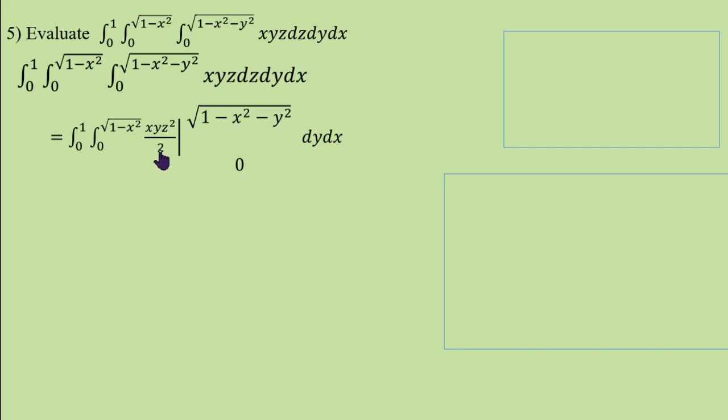Therefore, xy by 2 is a constant that you take outside. Upper limit of z is root 1 minus x square minus y square, and hence z square is 1 minus x square minus y square. And simplify this: xy into 1 by 2 minus x cube y by 2 minus xy cube by 2.